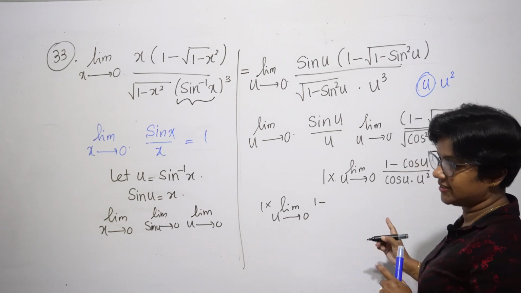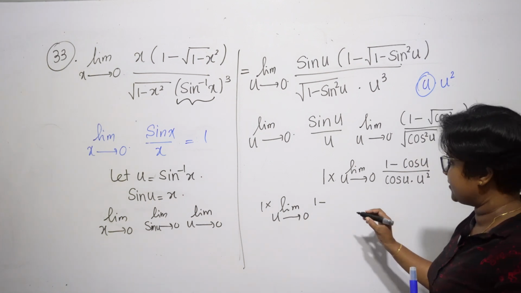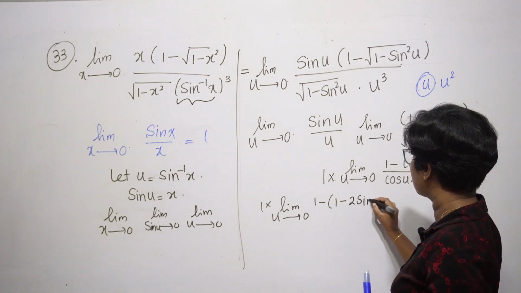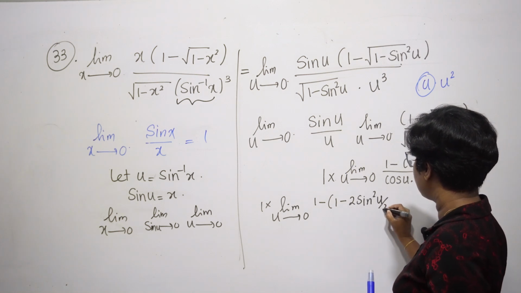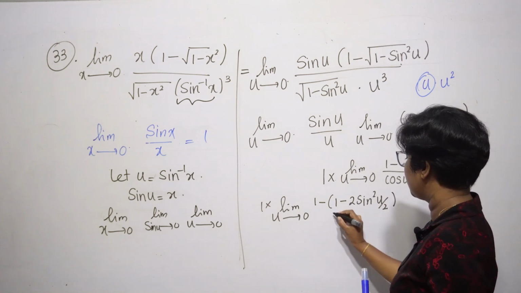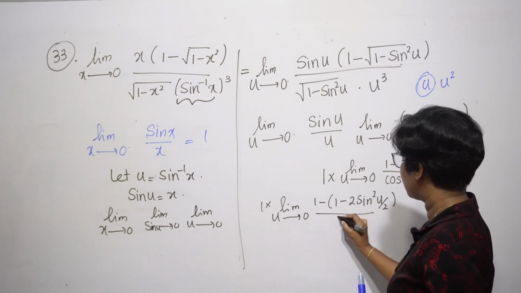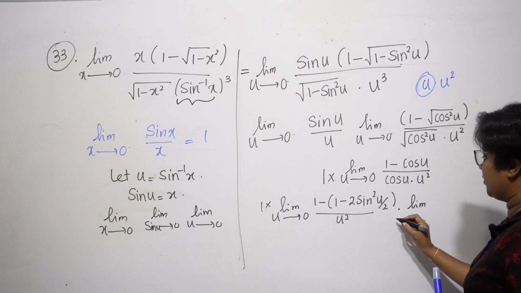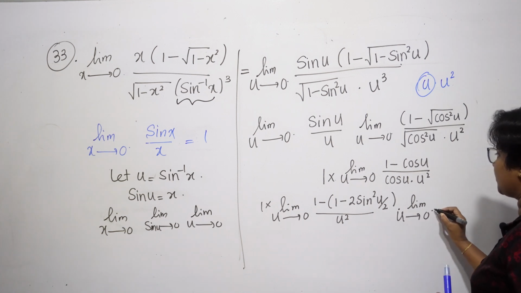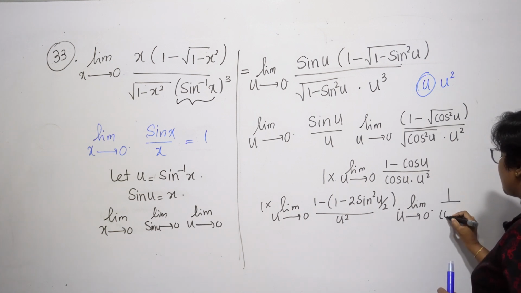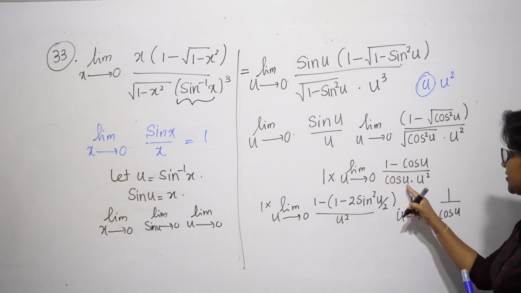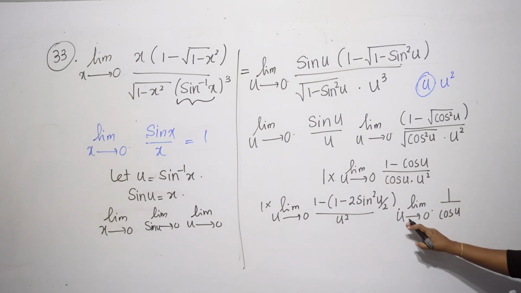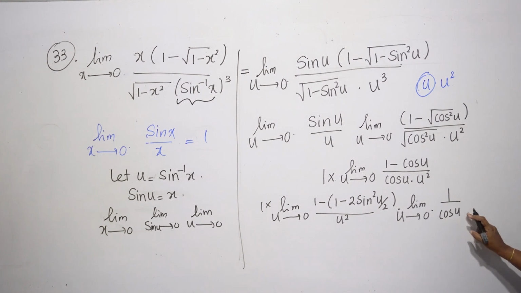You can rewrite it by using the half-angle formula. It's 1 minus 2 sine squared (u over 2), over u squared, and the limit as u approaches 0 of 1 over cos u. I have taken this cos u here.